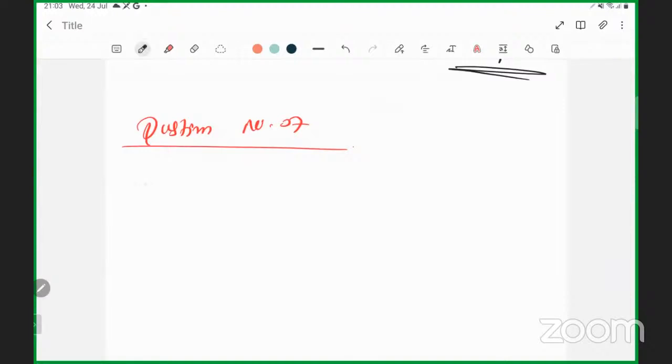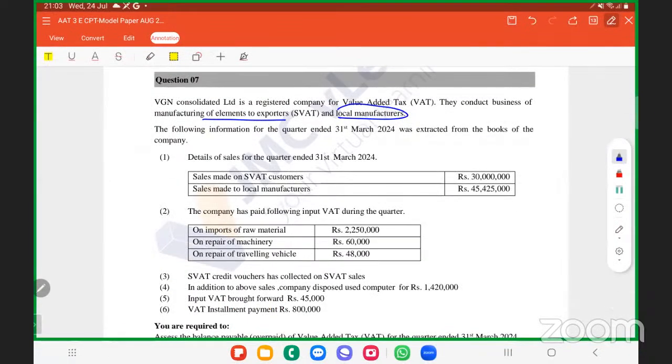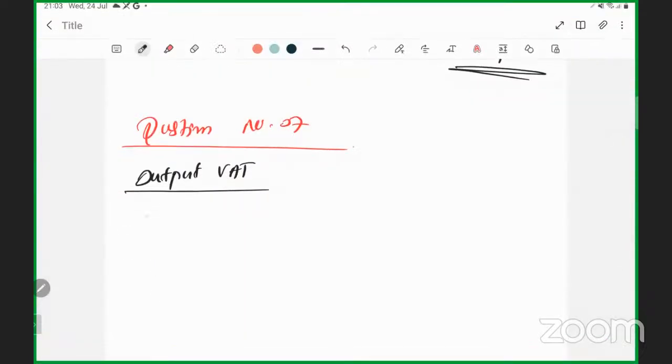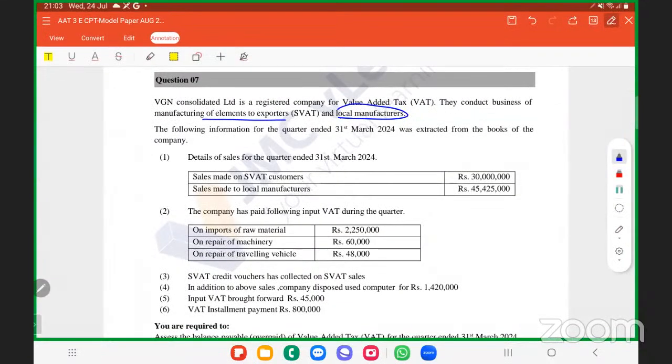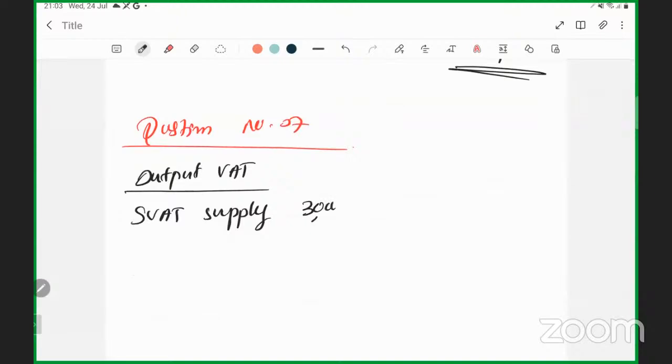In this case, first we need to calculate output VAT. Regarding that output VAT, we calculate sales made to SEZ customers, that means SEZ supply. Under that supply, it is 30 million. The tax rate is 18%, which gives 5.4 million.